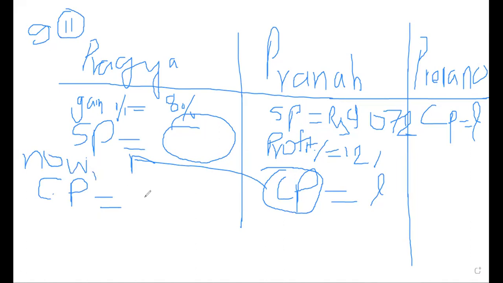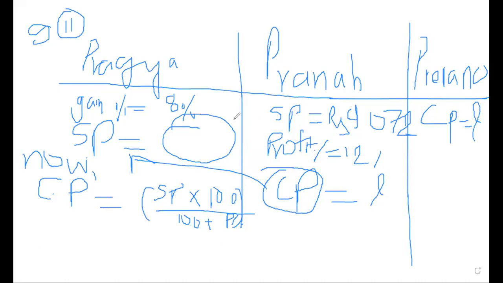Yes, sir. Now you have to use here cost price equals selling price into 100 by 100 plus profit percent. Profit percent means gain percent. It is given there. You understood, children? Yes.